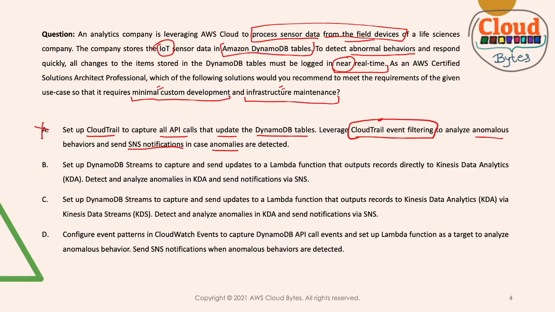Okay, the next option is to set up the DynamoDB stream to capture and send updates to a Lambda function that outputs records directly to Kinesis Data Analytics, KDA, detect and analyze anomalies in KDA, and send notification via SNS.